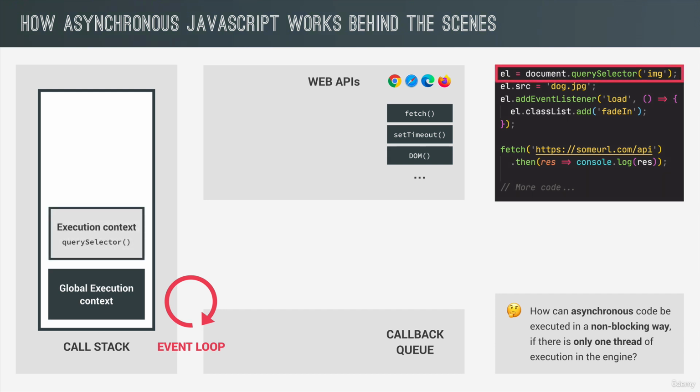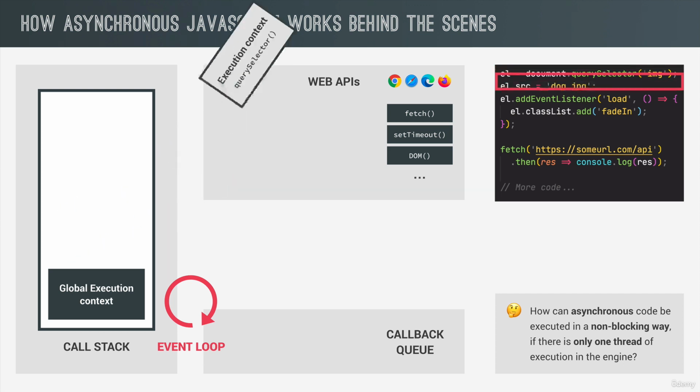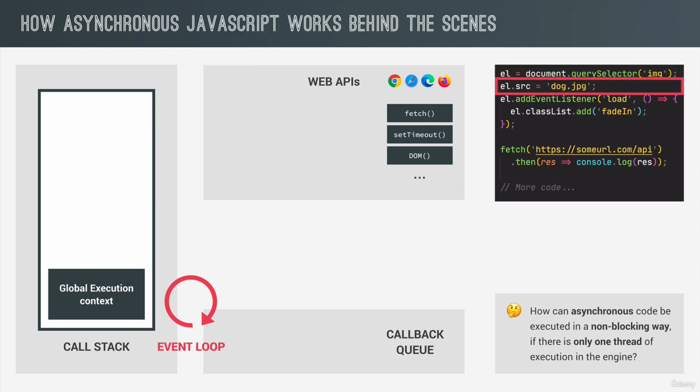Okay, but now let's start by selecting this image element, and then in the next line, we set the source attribute of that image to doc.jpg. And as we learned before, this will now start to load this image asynchronously in the background. But this time we can actually understand what that mysterious background actually is.